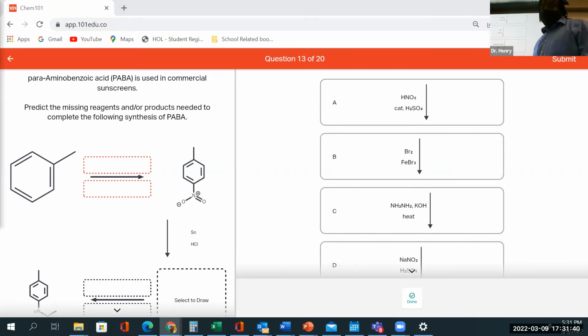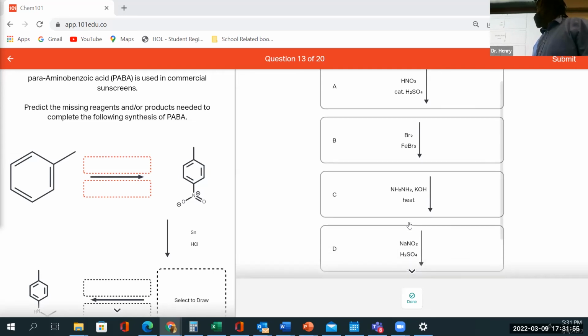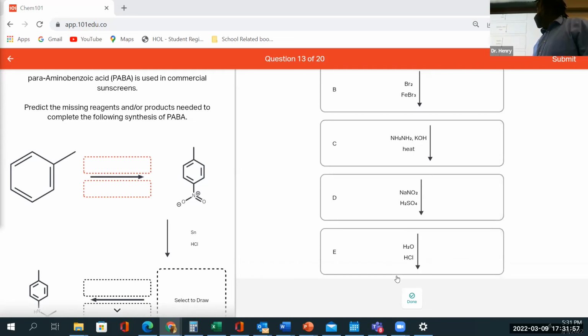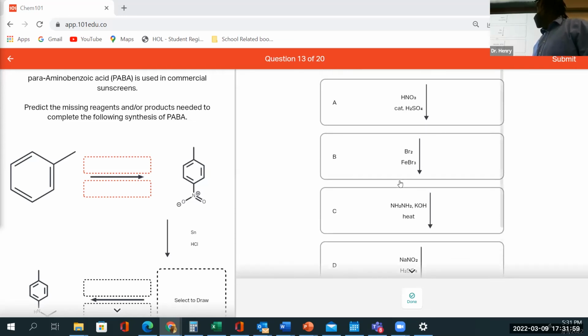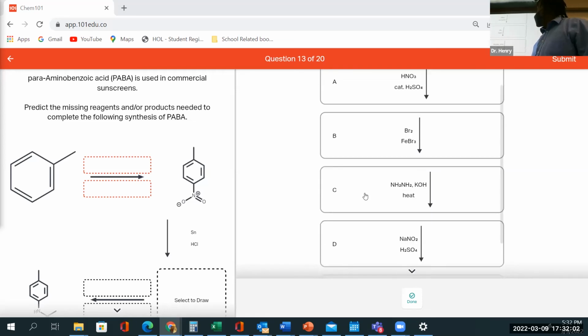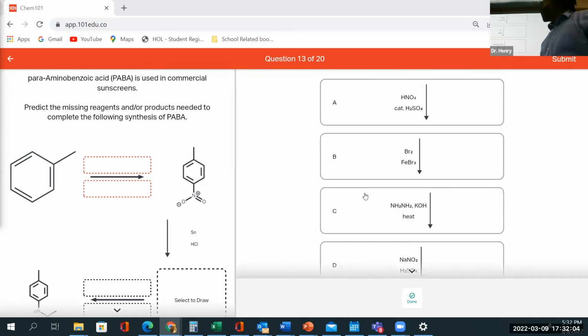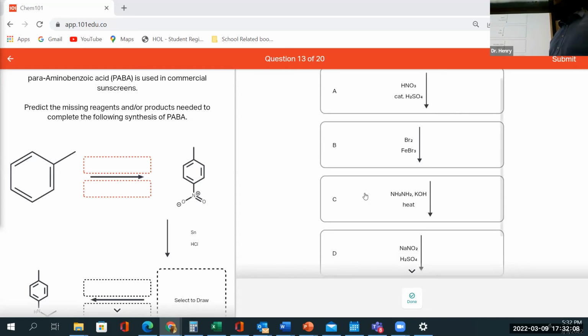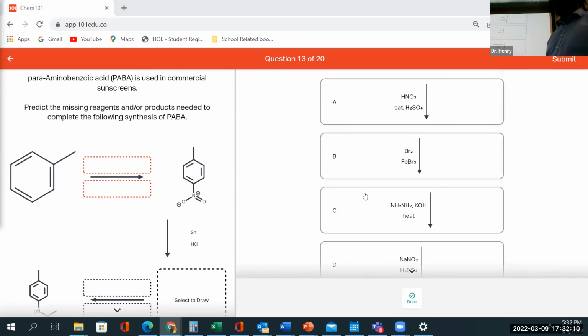Which ones that we know we can eliminate? We're going to eliminate B, right? We can eliminate C. And we can eliminate E. So it's going to either be A or D.